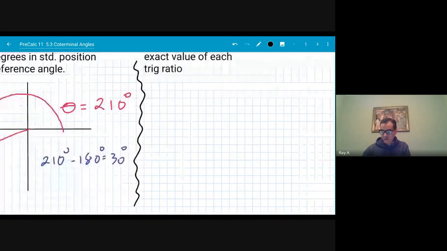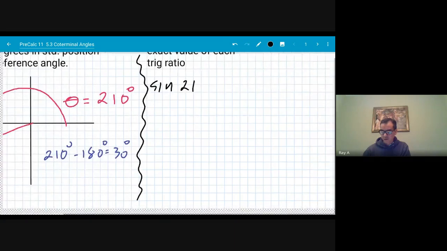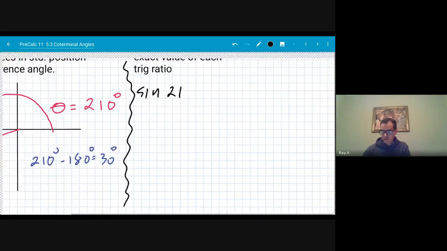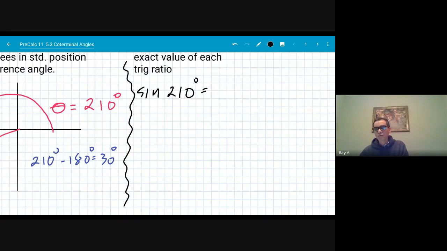So the sine of 210 degrees would really be the same as the sine of 30 degrees, but then it has to be in quadrant 3.